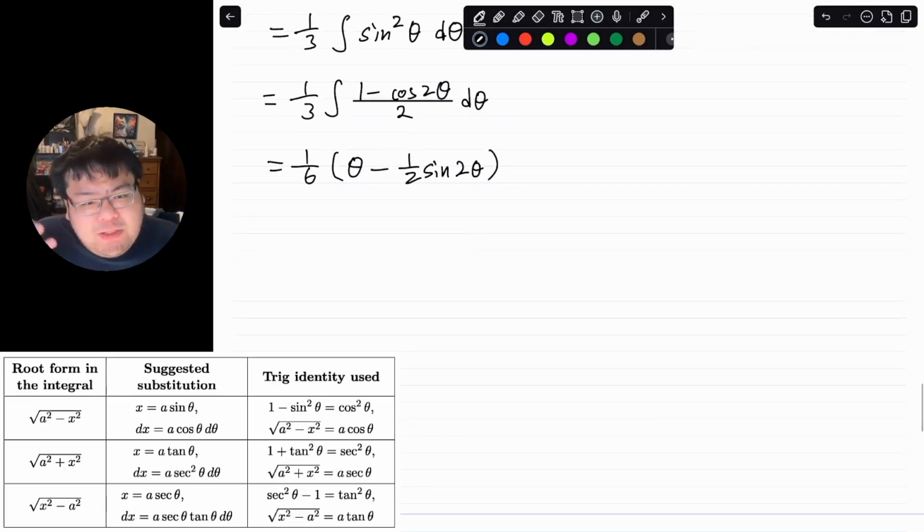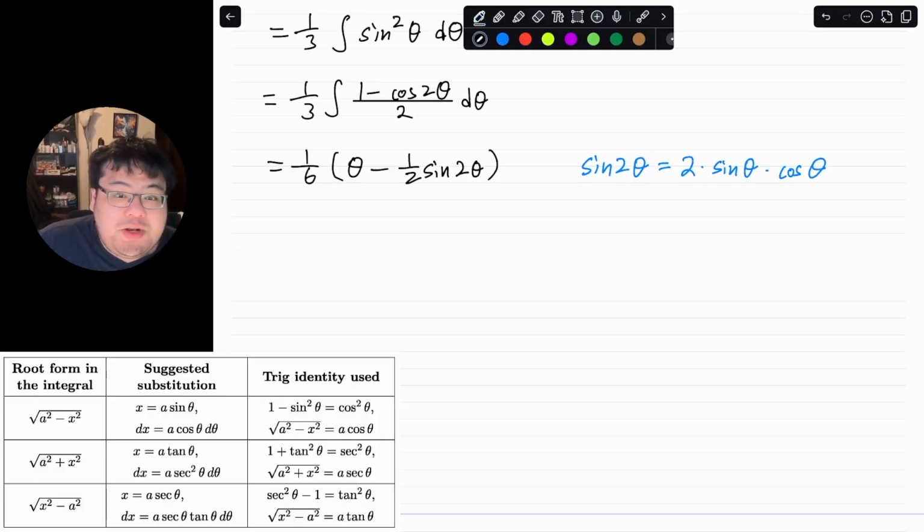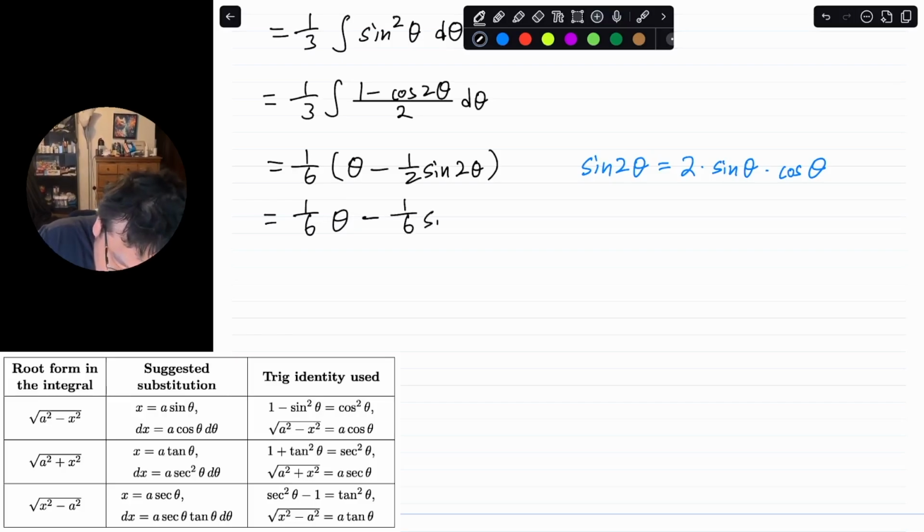So first of all, that's a little bit alarming, right? Sine of 2 theta, what trigonometric identity is related to it? The one that we need to use is sine of 2 theta equals 2 times sine theta times cosine theta. So now we have 1/6 and then the 2, okay, so we have 1/6 sine theta cosine theta.